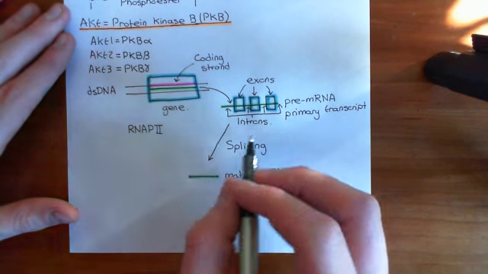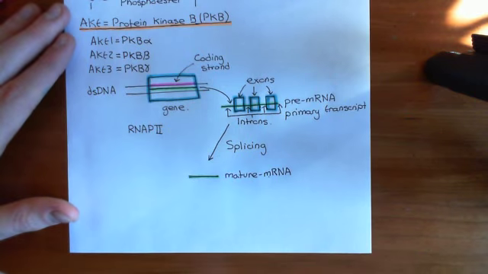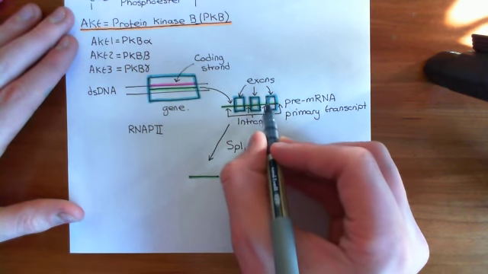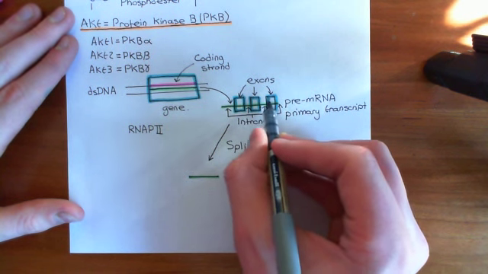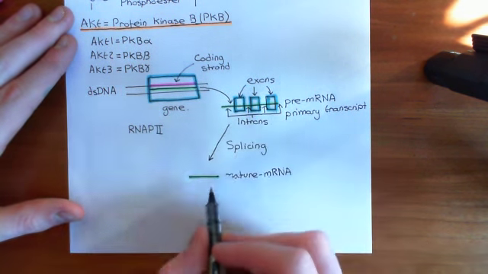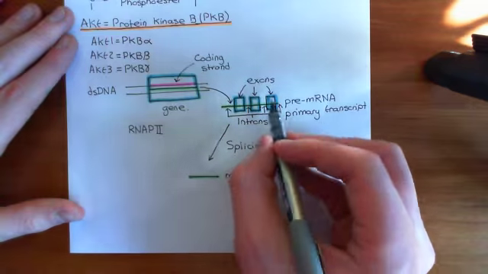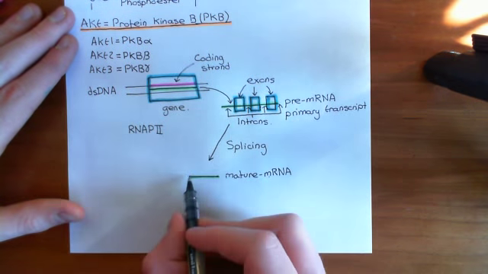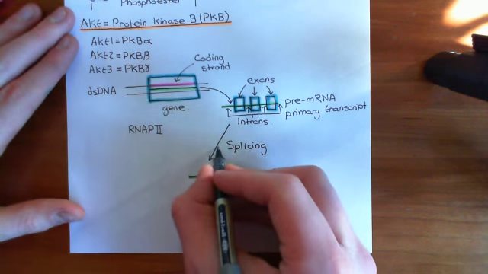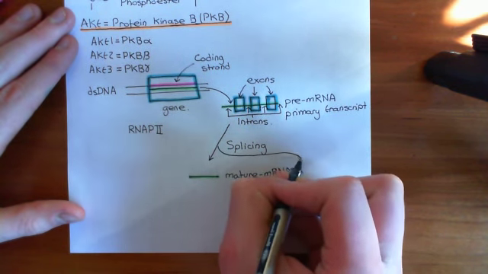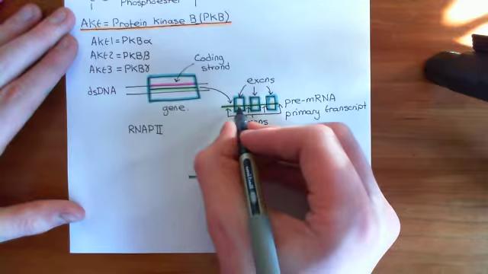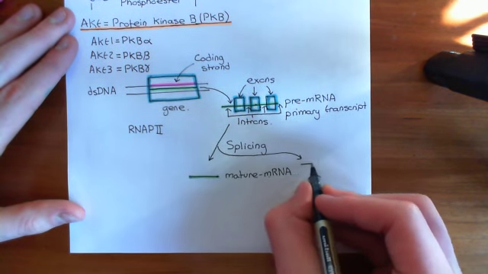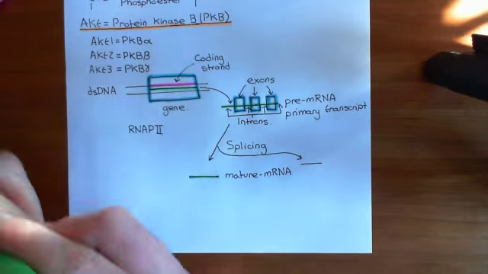To give a simple example, let's imagine that this final exon here is not actually essential, so you don't have to include it in the mature mRNA. Let's say that this is optional. You can either include it, in which case you'll get this mature mRNA here, or if you don't include it, you'll just include these two, so you'll get a shorter piece of mature mRNA.